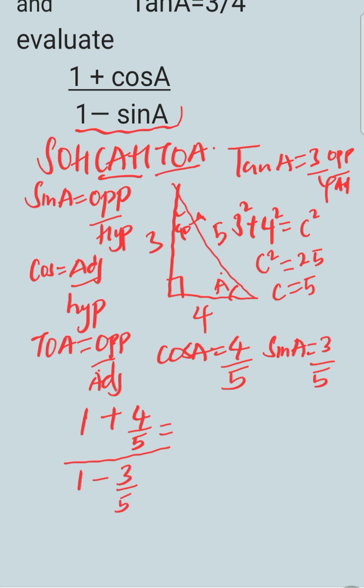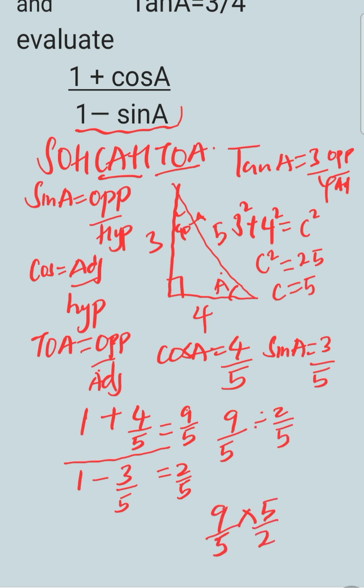On the numerator we have 1 plus 4/5, which is 9/5, and 1 minus 3/5, which is 2/5. So 9/5 divided by 2/5 is 9/5 multiplied by 5/2. And finally our answer is 4.5.